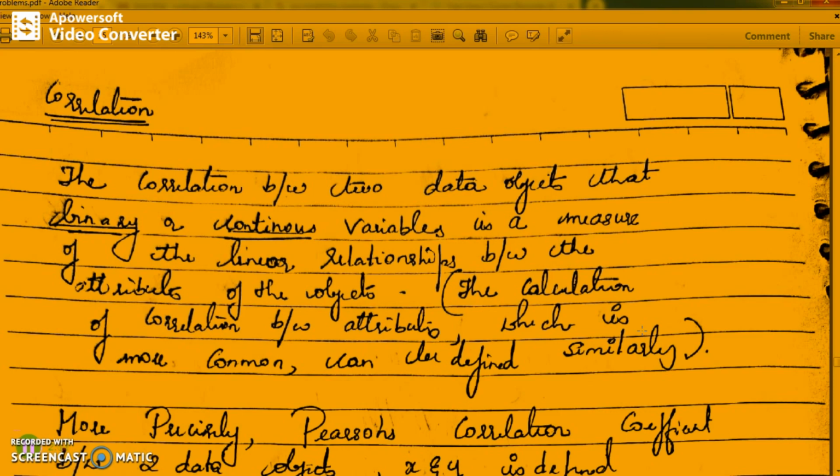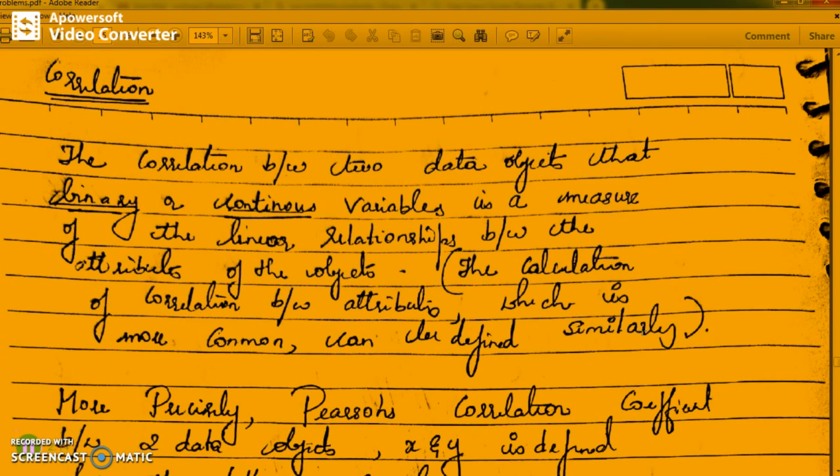So here we will have to calculate the correlation, that is the relationship, between two data objects x and y. So now just see, if the two objects x and y have no relationship between them, that means there is no correlation between the two objects.